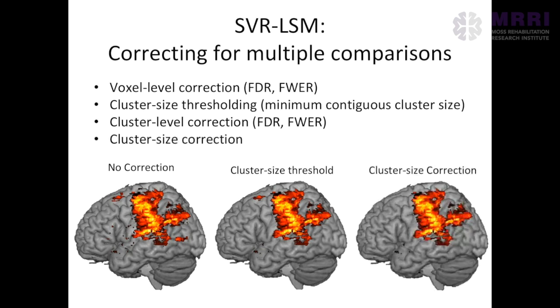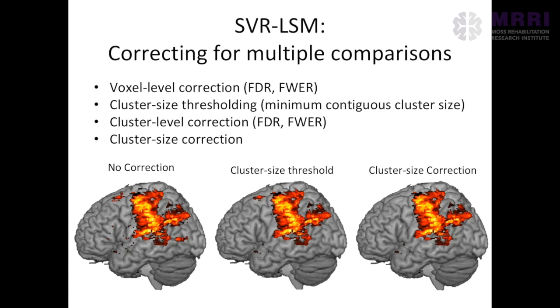And then, of course, there's the idea of doing this cluster size correction, which is what is built into the SVR-LSM analysis script. And again, we feel that this is probably too restrictive, and it's probably not the right approach.